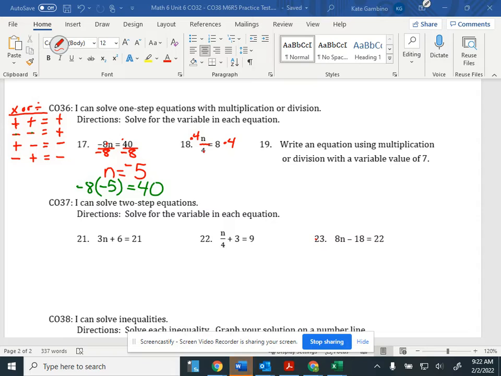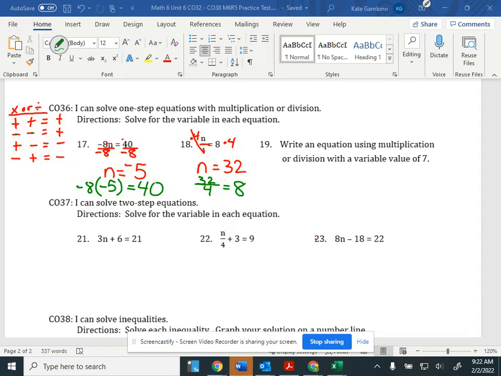Multiplying and dividing by 4 cancels each other out. 8 times 4 is what? 32. It's a positive and a positive, so my answer is a positive. So now I'm going to check my work. 32 divided by 4 is 8.